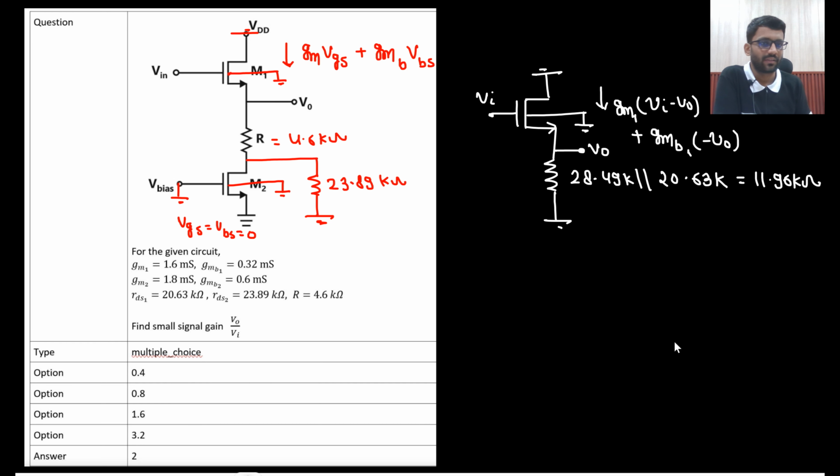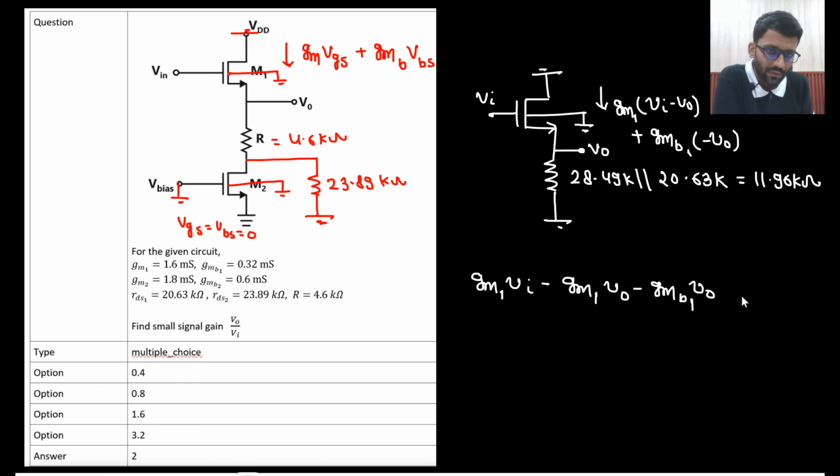So this much current is coming. What can you write? GM1 V in minus GM1 V naught minus GMB1 V naught, into this resistance of 11.96 kilo ohm, would be equal to V naught.